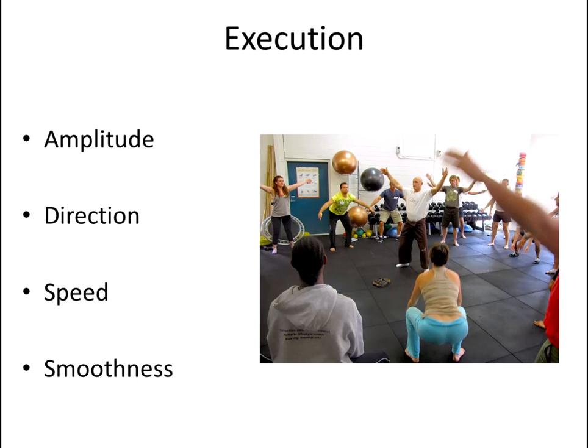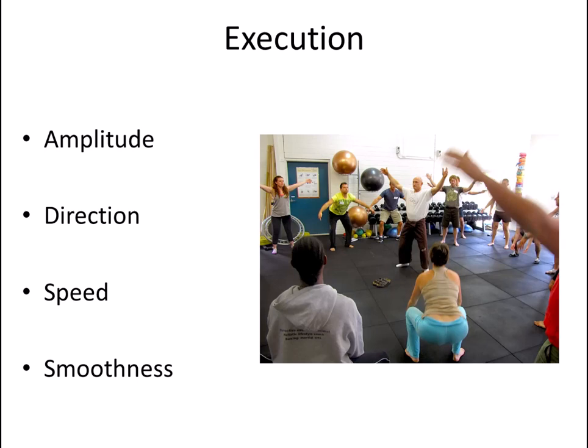For example, if you ask a person who's been affected by a stroke to raise their arm over their head, they might succeed in raising their shoulder up, but the direction of their arm is definitely not going up. Another example, for speed of movement, again, I think Parkinson's patients, and for smoothness of movement, I'm thinking anyone with a cerebellar injury is going to have difficulty with smoothness of movement.